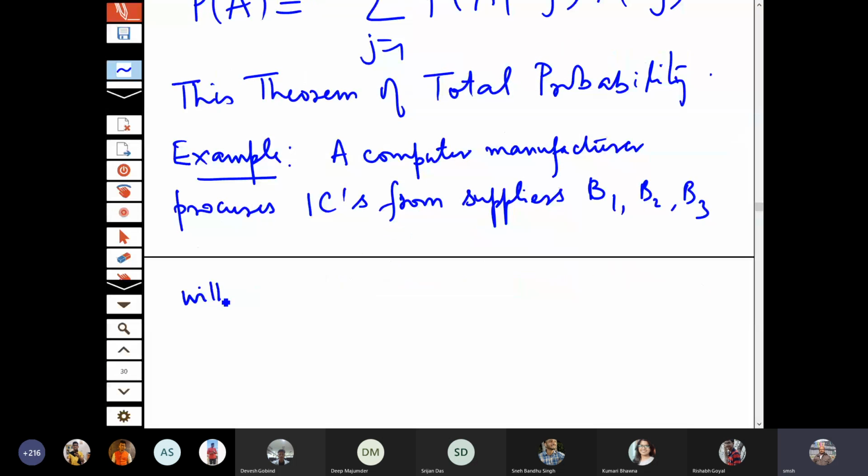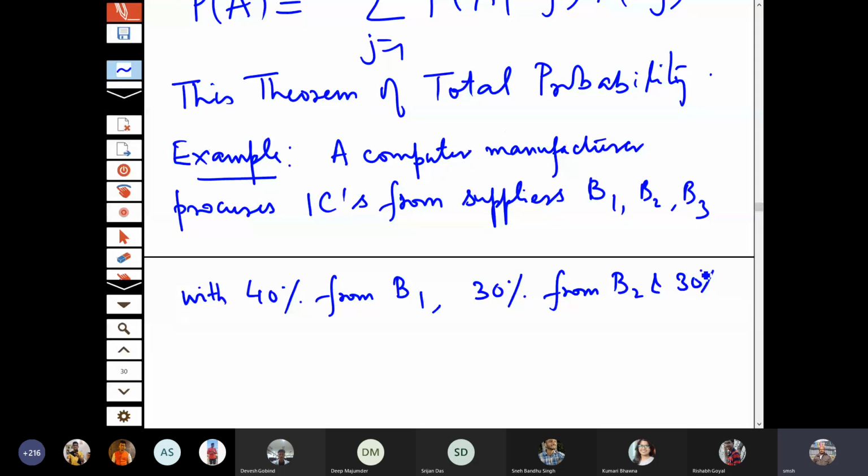Say with 40% from B1, say 30% from B2, and say 30% from B3.